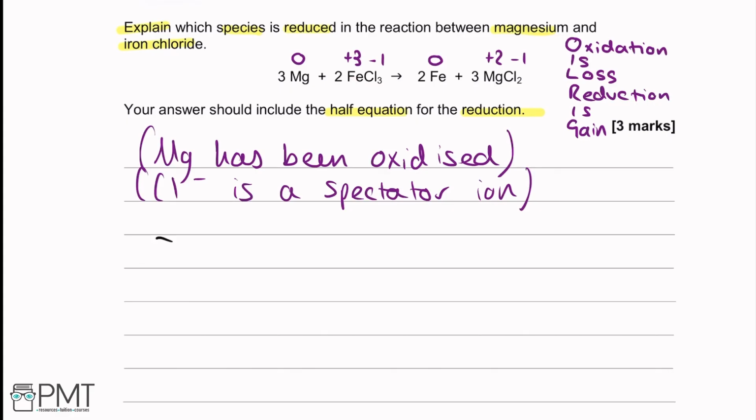So in our answer, we would write iron 3+ has been reduced. And notice the command word for this question is explain. So here we've stated iron 3+ is reduced. Now we need to explain why that is by saying it has gained electrons.